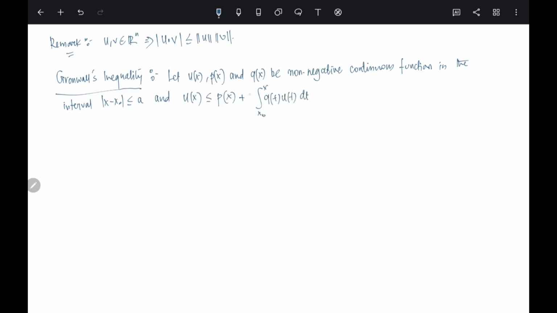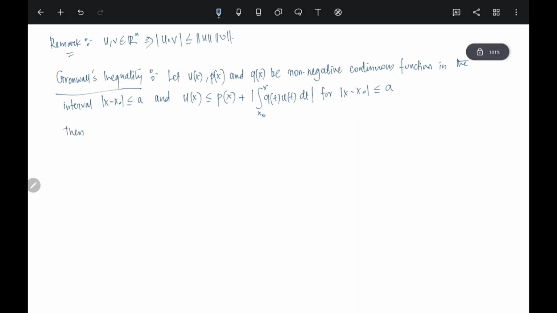Clear? So you have to have a modulus here for |x − x₀| ≤ a. So for any x between x₀ − a and x₀ + a, let us assume that u(x) satisfies this. So u(x) is always dominated by p(x) plus the integral of q(t)u(t) from x₀ to x.